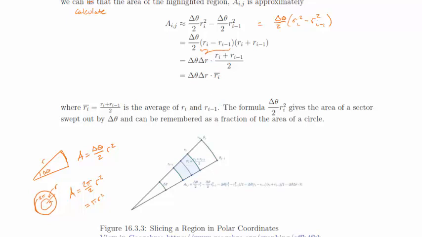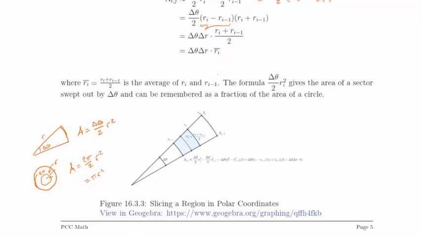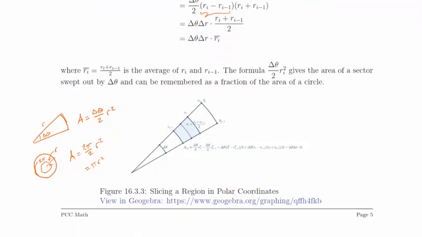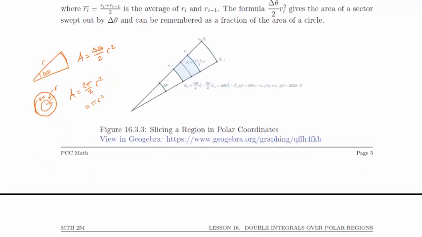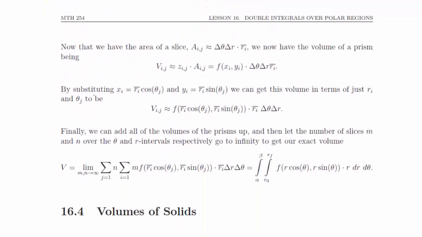So the area of I comma j, or area sub I comma j, equals delta theta delta r times r sub I bar. So the formula delta theta over 2 r sub I squared gives the area of a sector swept out by angle delta theta, and can be remembered as a fraction of the area of a circle, as I was describing before. So we can now finally put all of this together.